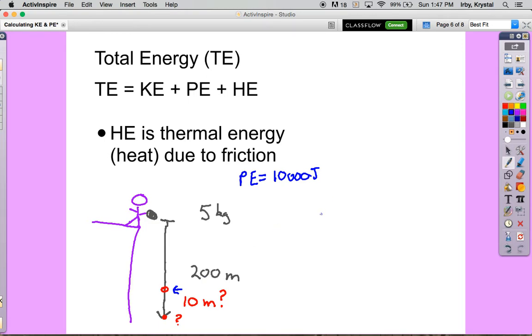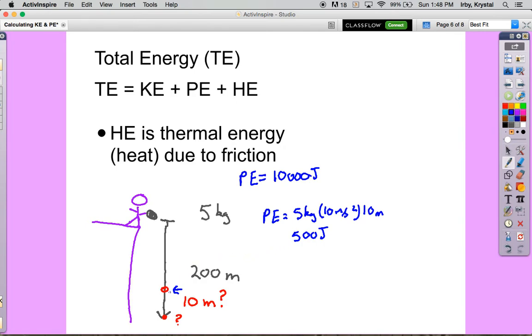So what I can do is I can do potential energy equals 5 kilogram rock times 10 meters per second squared times that 10 meters off the ground. So 5 times 10 times 10 is 500 joules.